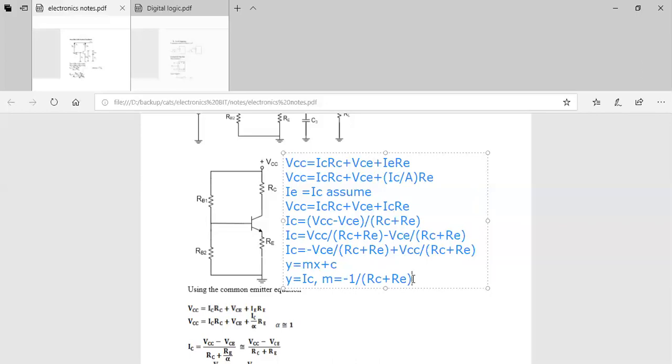That's m. Then x is equal to VCE. And finally, c is equal to this value here, all of this. I hope it makes sense how we do a straight line equation here.